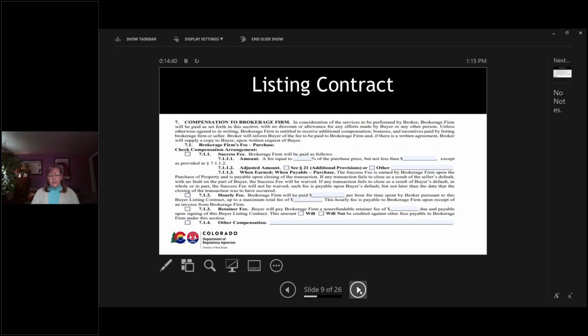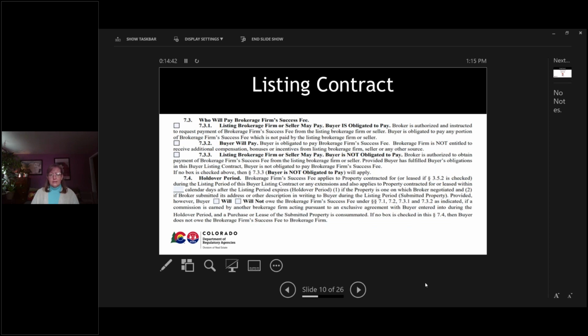The other thing that you need to know if you are on the buying side is there's 3 options about how you pay. They're called success fees on the buyer side, but it's the real estate commission. It's just semantics. The first option is the listing brokerage or the seller may pay your buyer's agent or your buyer's transaction broker their commission, but you're obligated to pay as the buyer.